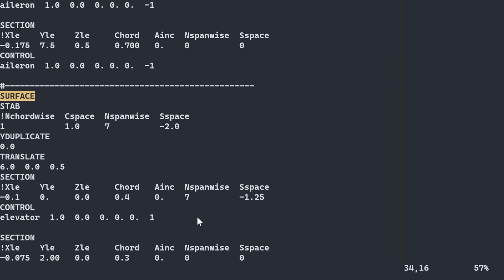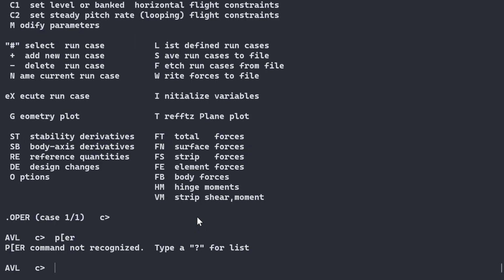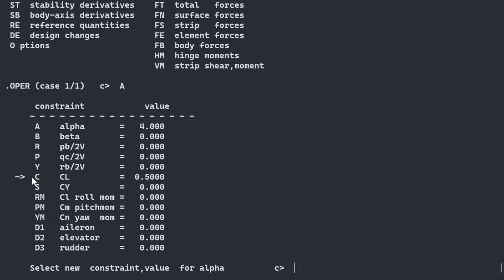Which is the command, if you want to change the CL, for example, oper, what's the letter? Oper X? Yeah, so first of all, you tell it I want to change angle of attack, right? And it asks you what you want to set to get a different angle of attack.